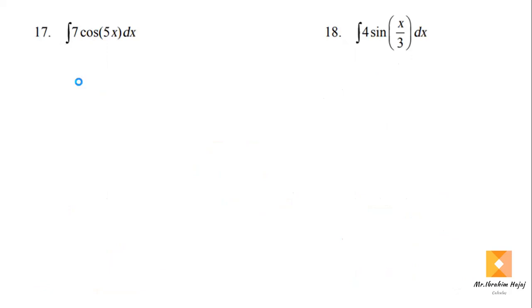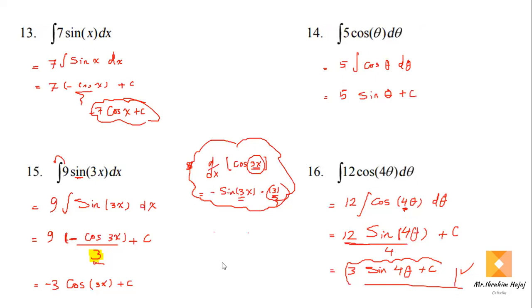Question 16. Why did we divide by 4? I gave an example from the first term, how to find the derivative of cosine 3x.